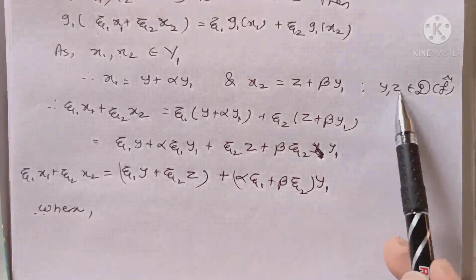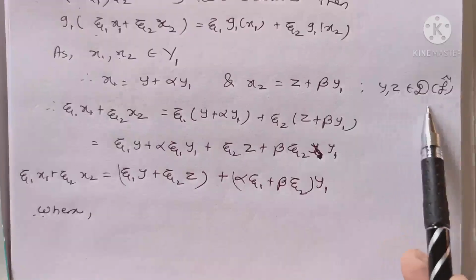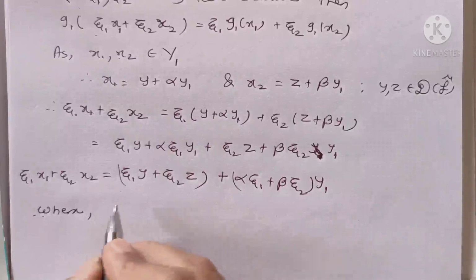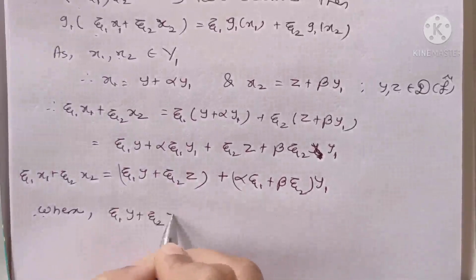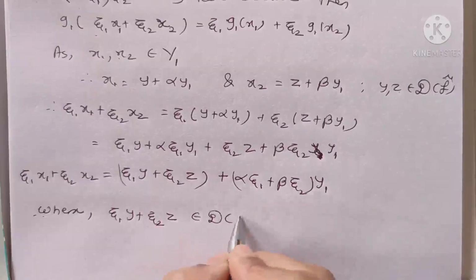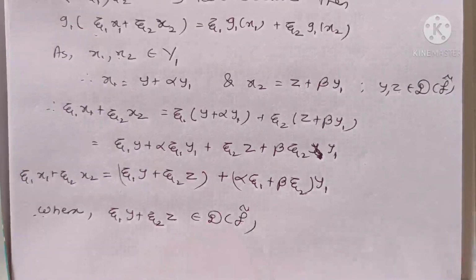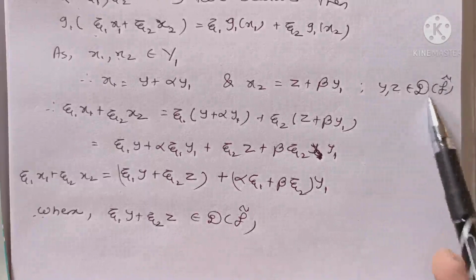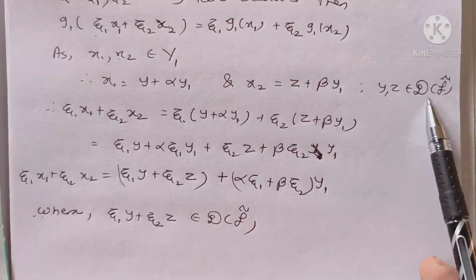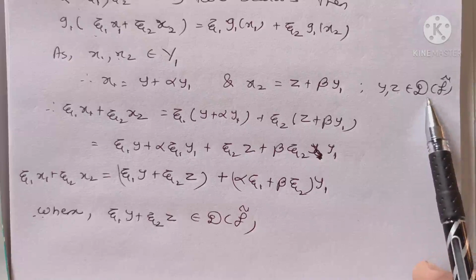Whereas y and z both are elements of the domain of f tilde, therefore xi1 y plus xi2 z is an element of the domain of f tilde, because they are two elements of the domain of f tilde, and it is a vector space, therefore it is closed with respect to addition and scalar multiplication.